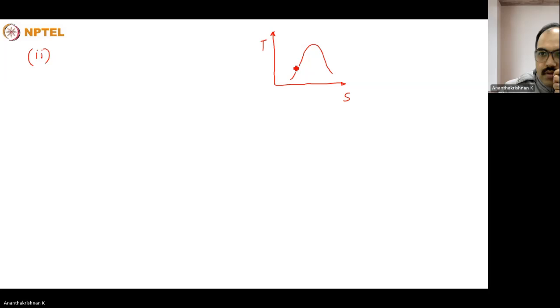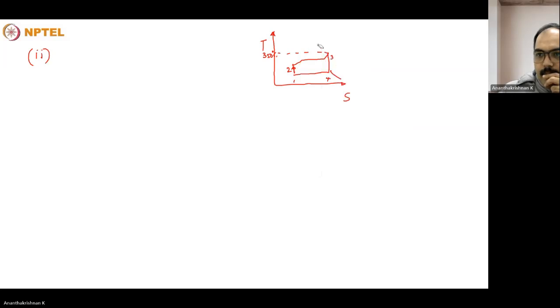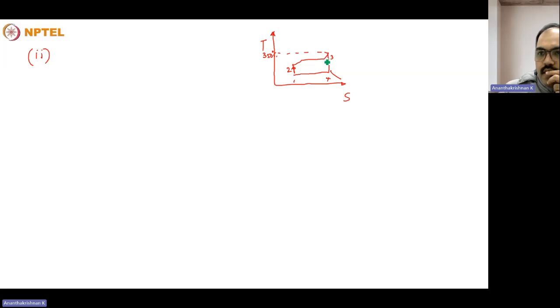So if this was the initial case, the new case will be: you heat it up even more to 600 degrees Celsius, and then you condense it straight away and to the same condenser temperature.